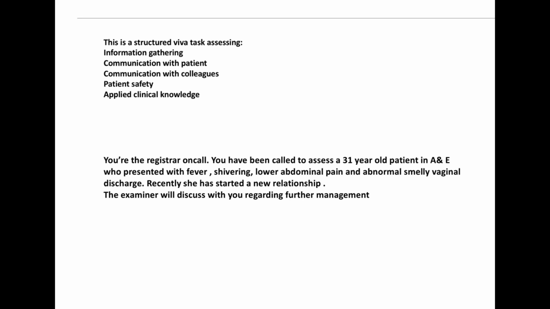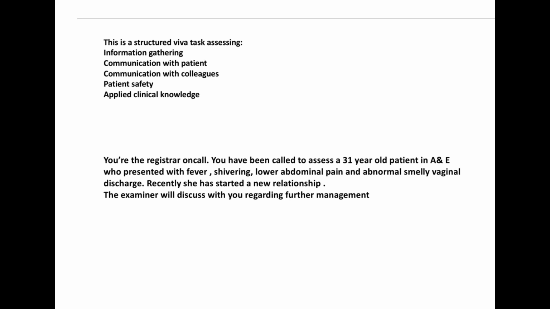So the examiner will ask you, okay, he will give you some findings from the examination and the investigations. So you may have a high suspicion of PID. So what are we going to do? Do we need to admit the patient, or do we need to treat her as an outpatient and give her the antibiotic regimens to take home?